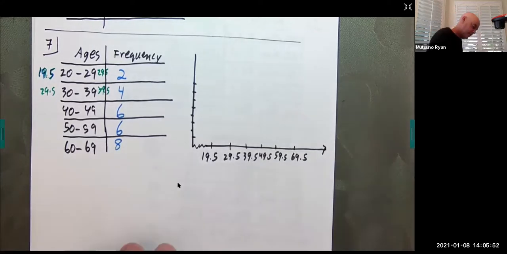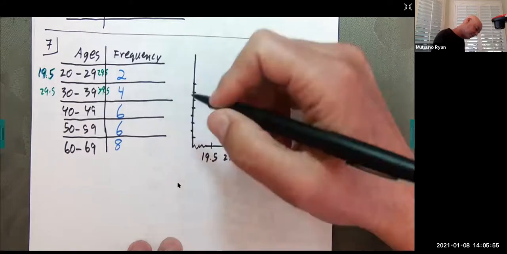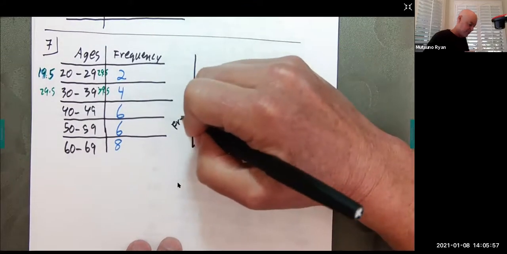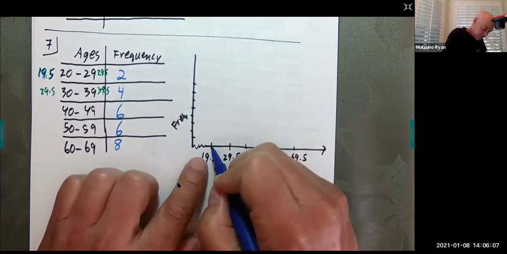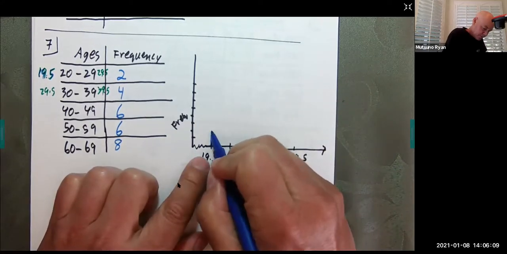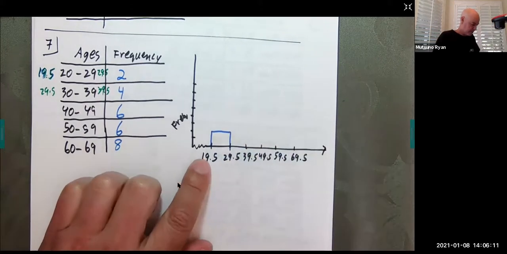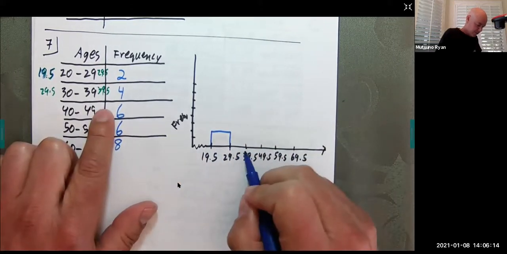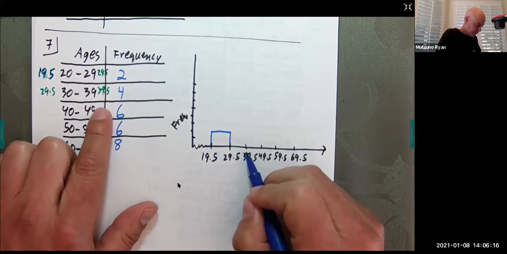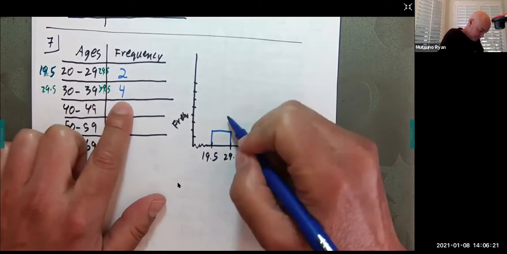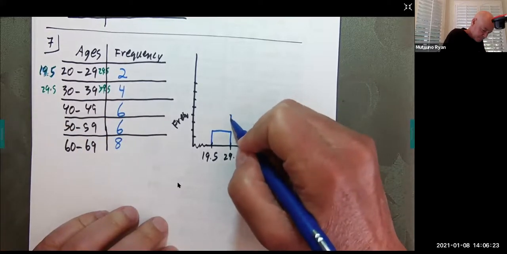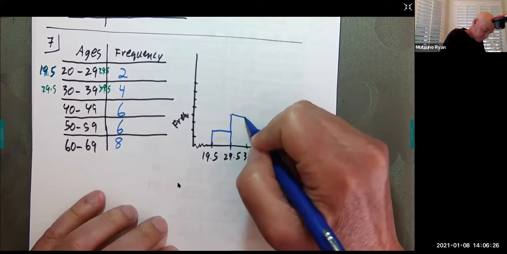And these are the frequency. So for here, we're going up to 2. For here, 29 to, yeah, we're going up to 4. Ooh, a little crooked there.